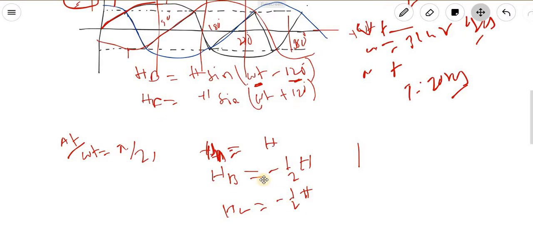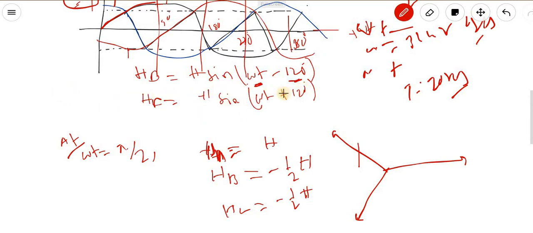So here if we present in this way, these are also rotating, but here in current these are lagging and leading. Okay, but here in magnetic fields it is not like current.